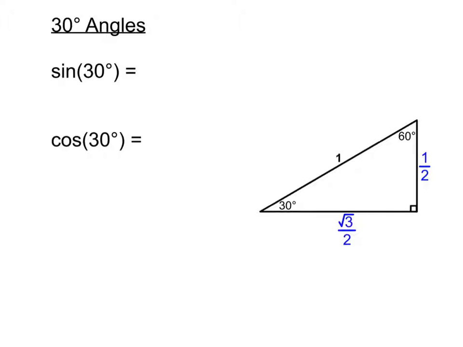So if I want to know what sine of 30 degrees is, I look at my 30, 60, 90, and I see how far it is going up. And notice sine of 30, because I put the 30 at the origin this time, sine of 30 equals 1/2. And cosine of 30, well, cosine is x. That's how far we're going over. And so that has to be the root 3 over 2. And again, have those in your notes.